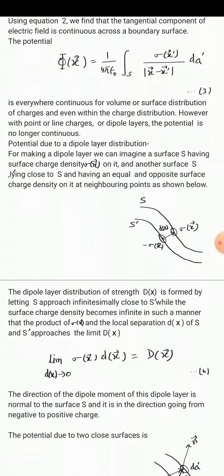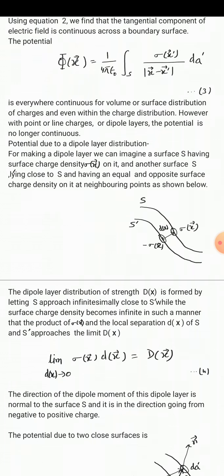The dipole layer distribution of strength capital D of x is formed by letting surface S approach infinitesimally close to S dash, while the surface charge density becomes infinite in such a manner that the product of sigma of x and the local separation small d of x of S and S dash approaches the limit capital D of x, which we can call the surface dipole moment density. So in the limit small d of x tending to 0, sigma of x times small d of x equals capital D of x, the surface dipole moment density, given by equation 4.